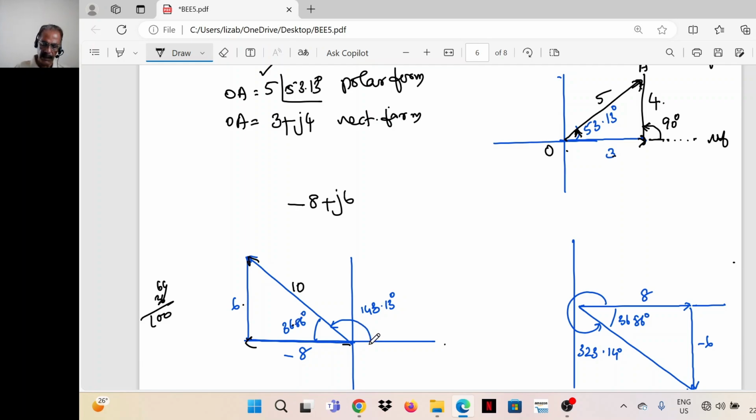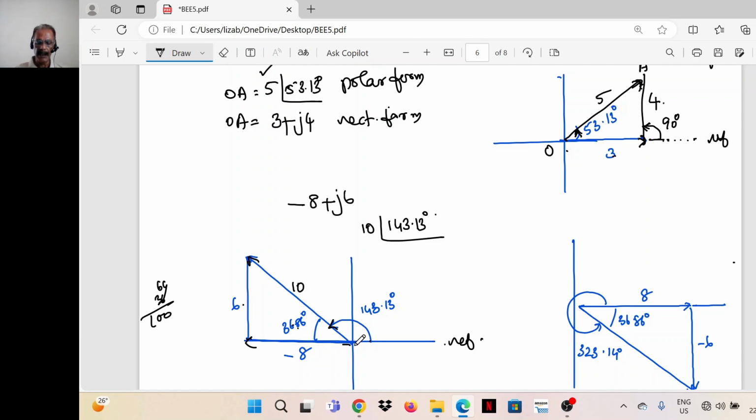But the phasor is at an angle of 143.13 from the positive x direction, the reference direction. If this is 36.86, this angle will be 143.13. So the phasor minus 8 plus j6, in polar form, is expressed as 10 angle 143.13 degrees.